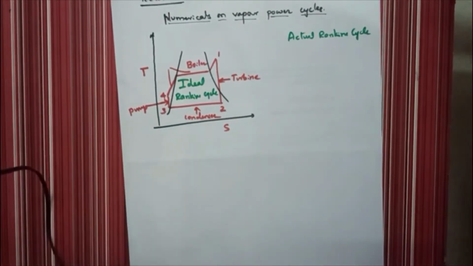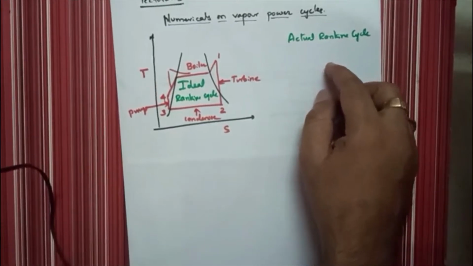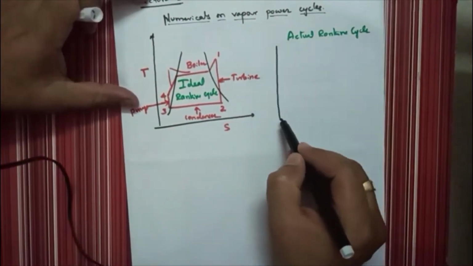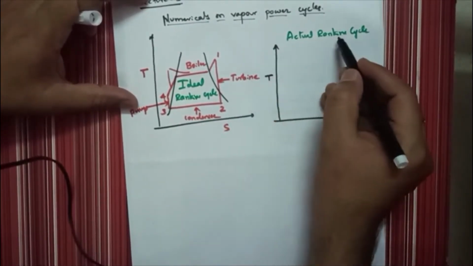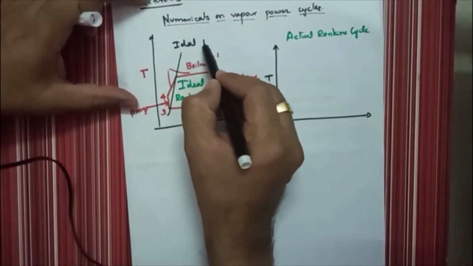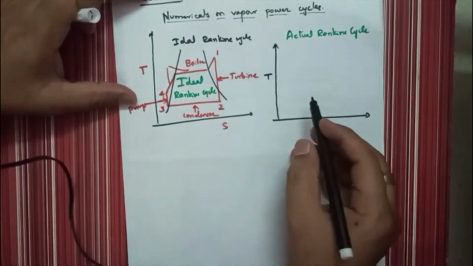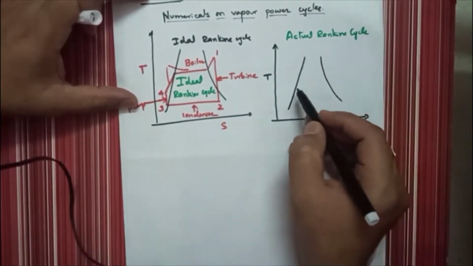But in the actual Rankine cycle, what will happen? I will draw the TS diagram of the actual Rankine cycle, because in the university question papers the numericals may be on the actual Rankine cycle or may be on the ideal Rankine cycle. So I will draw the TS diagram of the actual Rankine cycle.